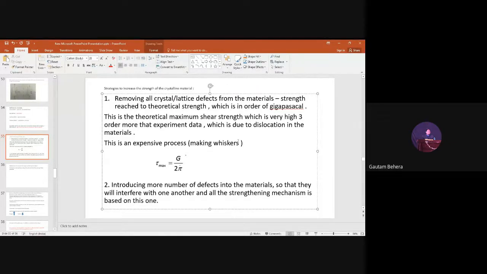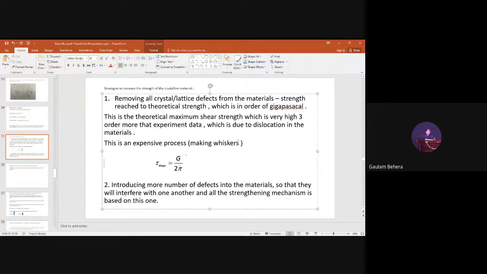Simply by making a perfect crystal, you mean there will be no defects. We have to make the crystal completely defect free. There will be no grain boundary, there will be no dislocation at all, right? We have to remove all the defects from the crystal, making it a perfect crystal, so we can enhance the strength. If you remember, what is that strength called?